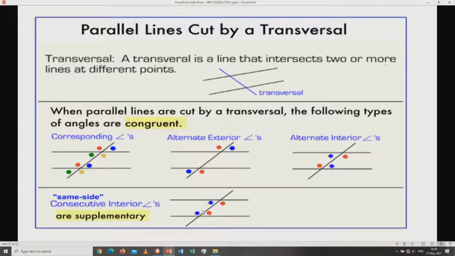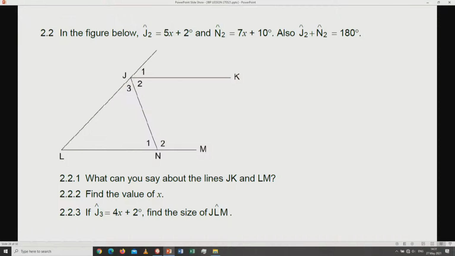Co-interior angles within the parallel lines on the same side of the transversal equal 180 degrees. Vertically opposite angles, okay, the colors are not assisting us there, but basically it's about parallel lines mainly. When parallel lines are cut by a transversal, that's what happens. Strictly parallel lines. Remember, only when lines are parallel.